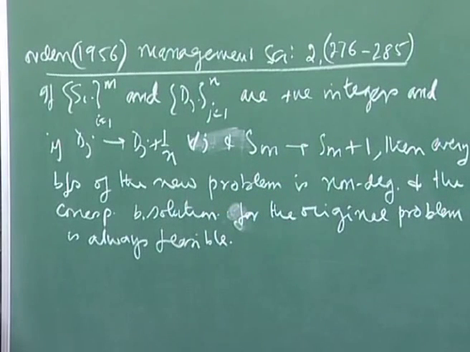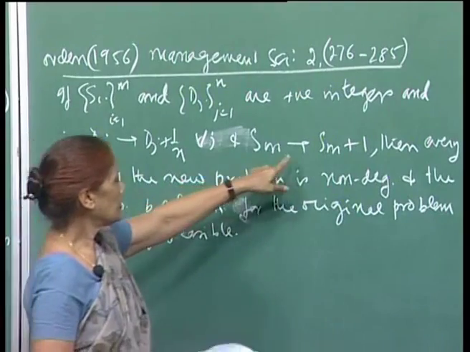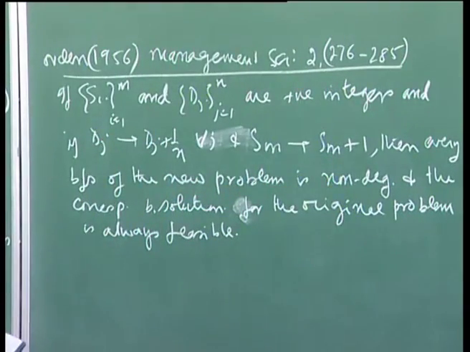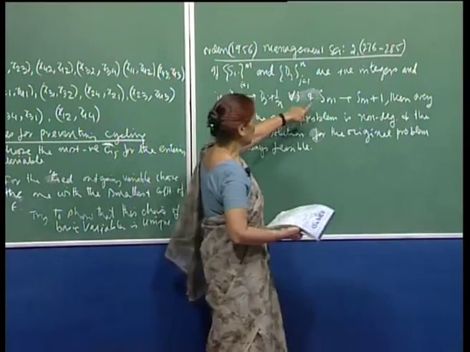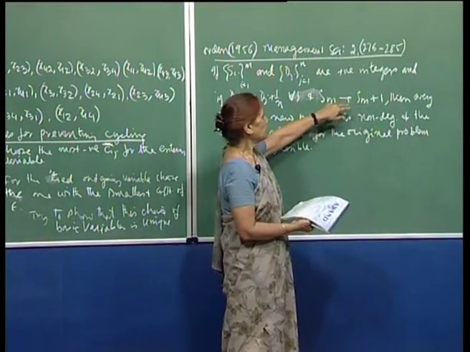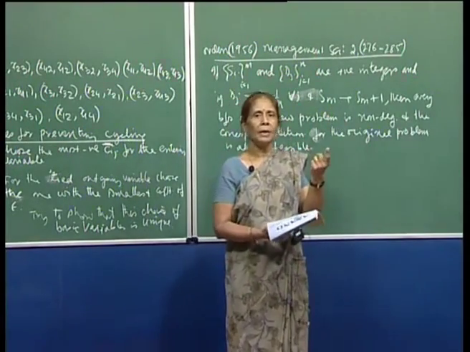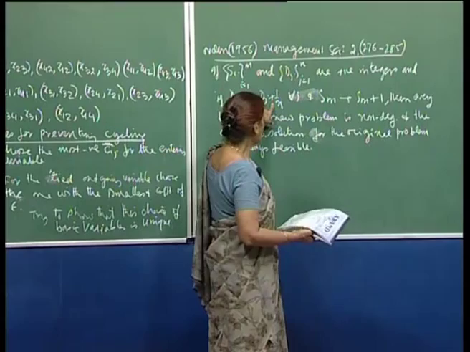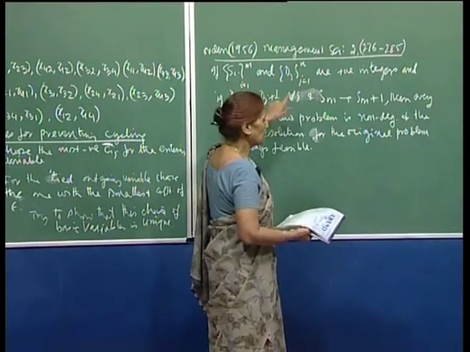Now, Orden says that you do not have to worry about the appropriateness of epsilon. You just perturb each of the dj's by 1 by n, and then sm by sm plus 1. In the case of what we did, we actually perturbed each si by epsilon, so if you follow Orden's rule, we would perturb each si by 1 by m, and then the last dn would be perturbed by 1.